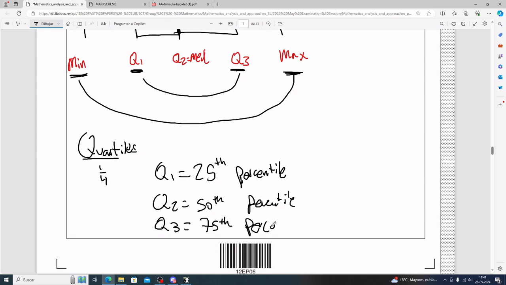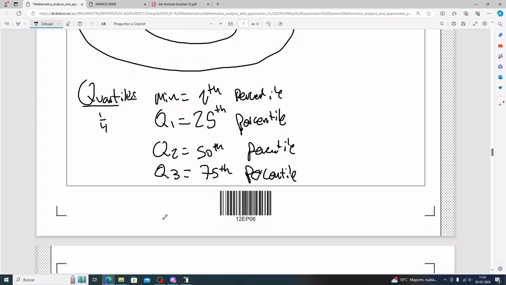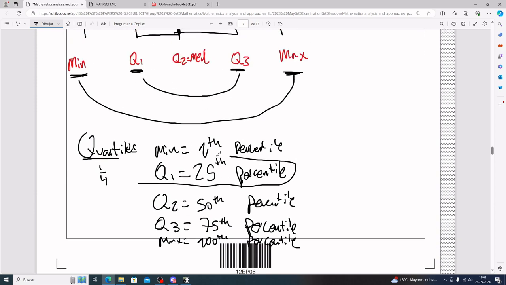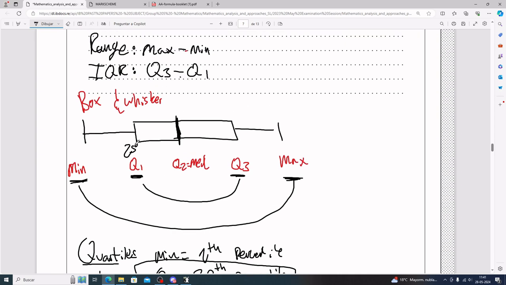And so why is it worth looking at it like this? Because now if I add on to you the information that the minimum is the first one, right? Technically, the first person on your list, while the maximum is of course the 100th, so the last person on your list. Well, now you can maybe further understand that because Q1 is the 25th and because Q3 is the 75th, the IQR with Q3 minus Q1 is giving you the middle 50% of your data.